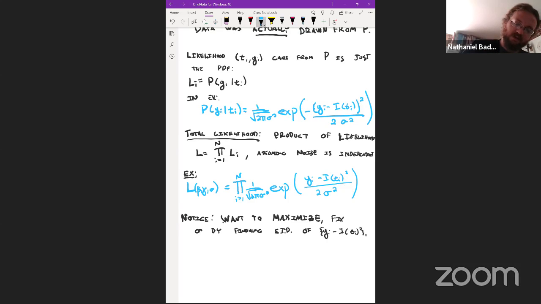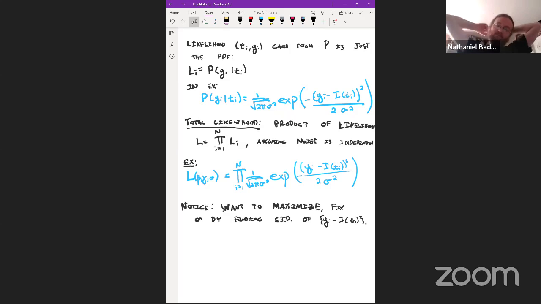It's a Gaussian function, so we must have... Okay, so if we're trying to maximize this, since this is e to the something squared and negative, this is always going to be positive. So the way to maximize this is to maximize the individual terms, which means that we need to minimize the distance between yi and I squared, right?